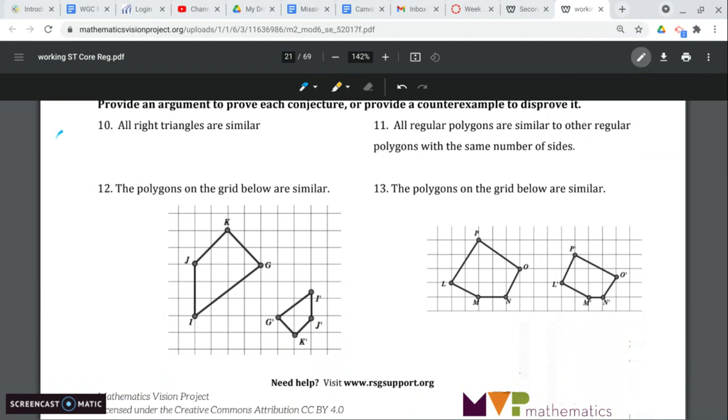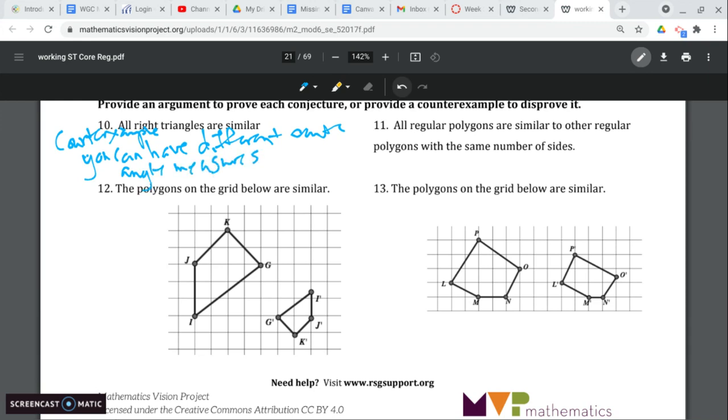So our counterexample: you can have different acute angle measures, such as we could have a 90, 45, 45, or a 90, 60, 30.